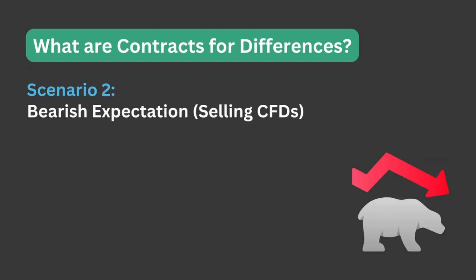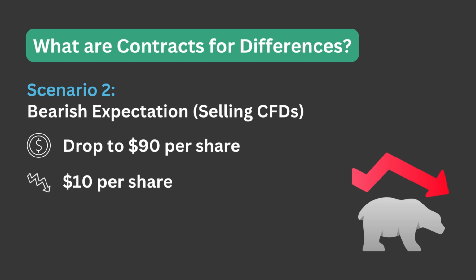Scenario 2, bearish expectation. Alternatively, let's consider a bearish scenario where you expect the price of company XYZ to decline. In this case, you can go short on company XYZ CFDs. Suppose the price of company XYZ drops to $90 per share, reflecting a $10 decrease.